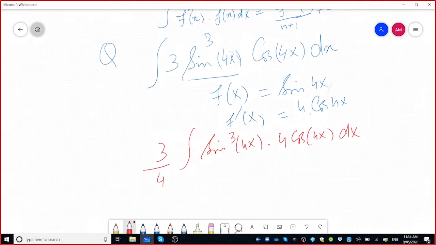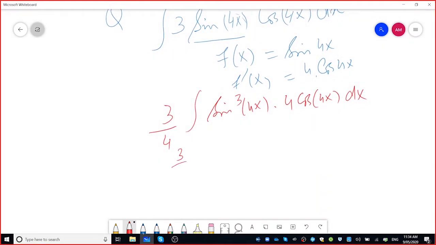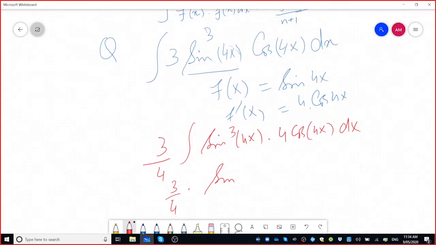And then it becomes 3 over 4 times sine cubed 4x times 4 cos 4x. What is f(x), and this is f bar x. So what would this become then? It becomes to the power of 4.